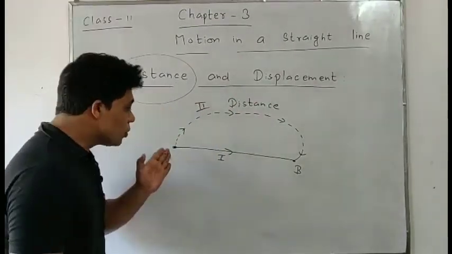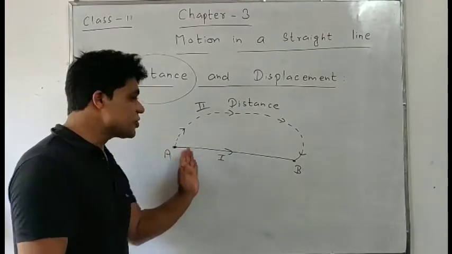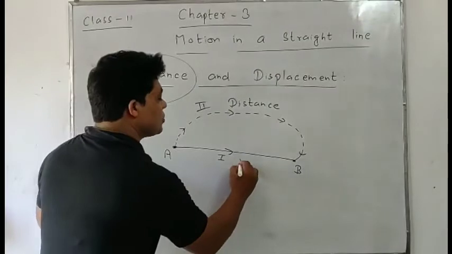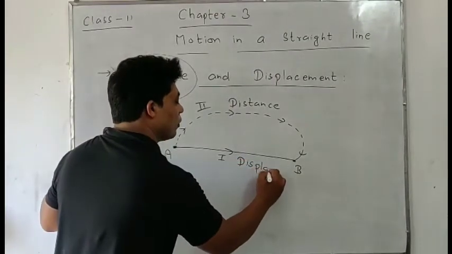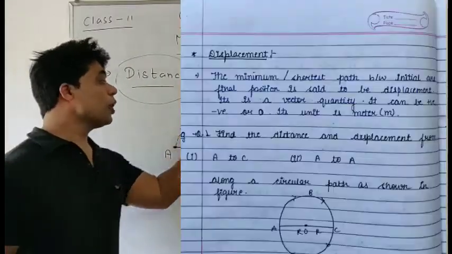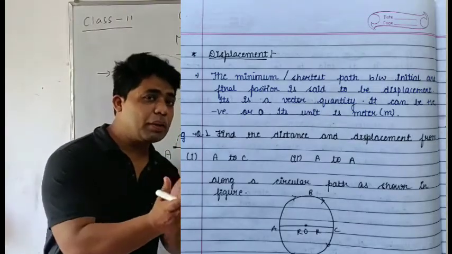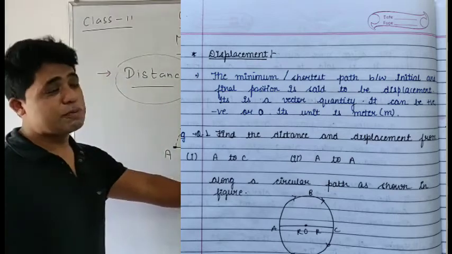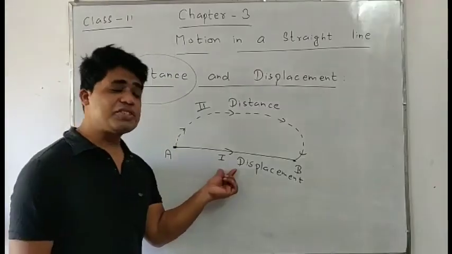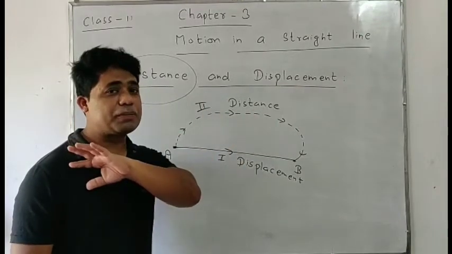On the other hand, the shortest or minimum path between the initial and final position is said to be displacement. So we can say the first is displacement and the second path is distance.